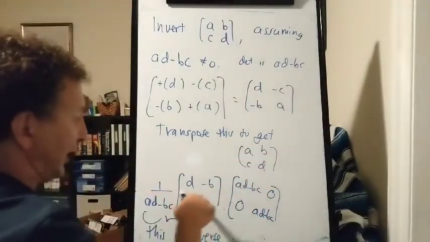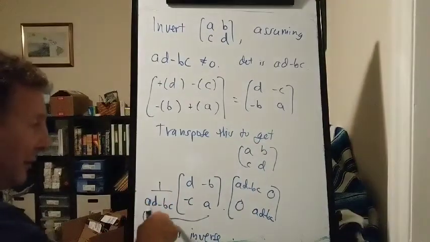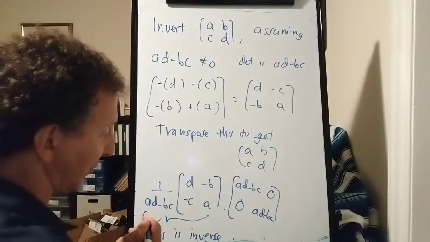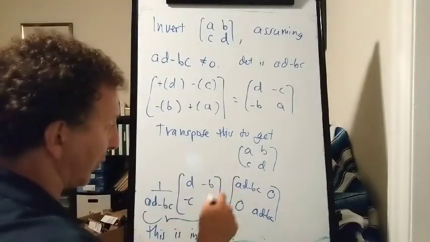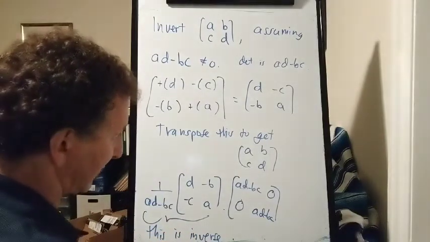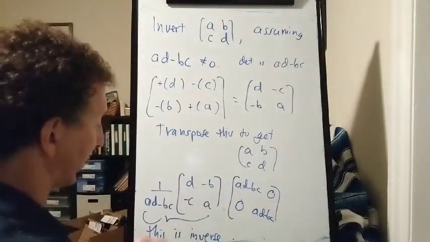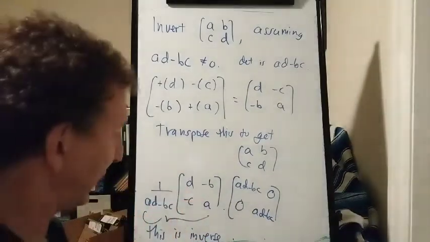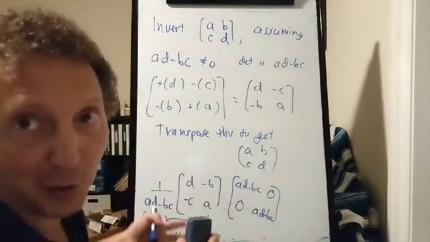Now I did this multiplication ignoring the 1 over AD minus BC, but of course if I multiply this matrix by 1 over AD minus BC, you see that I got the identity matrix. So this method does work. So, I mean, well, obviously the method works, but I'm trying to say I did it correctly right here.